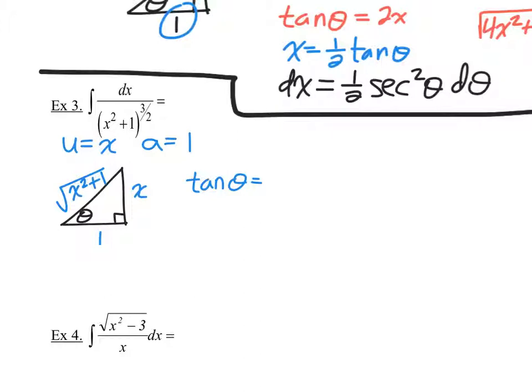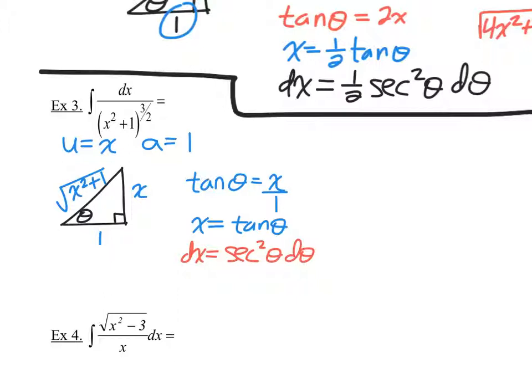Wouldn't it be x squared plus 1 under the radical? Right, but it could also be x squared plus 1 under the radical cubed. Oh, okay. So this is going to be tangent of theta equals x over 1, which is the same as saying x equals tangent theta. I know I have to differentiate this, so dx would be equal to secant squared theta d theta.